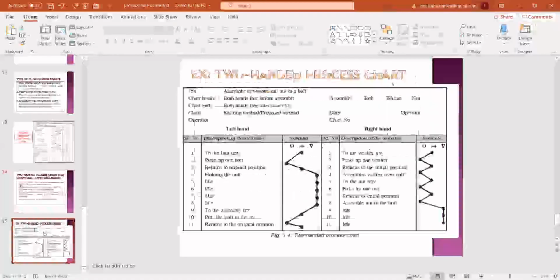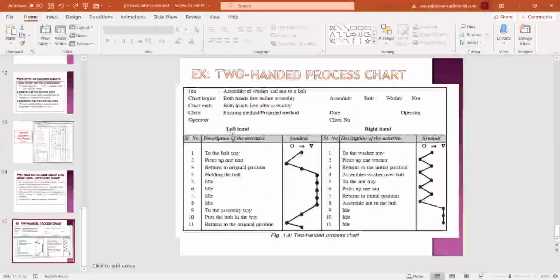There is a proforma of the two-handed process chart. So you can see that all the activities performed by the left hand are described in one column. All the activities performed with the right hand are laid down in a different column. And there is a column beside the left hand and beside the right hand which indicates all the operations which involve both the hands.